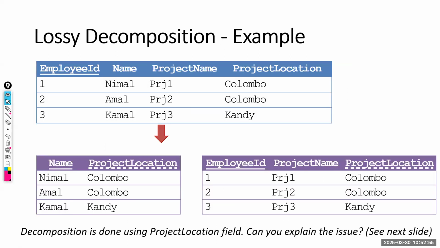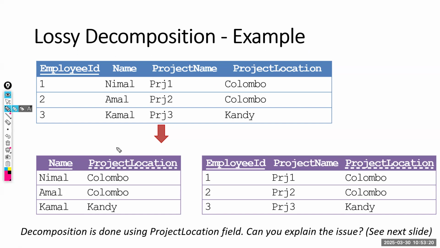So let's take an example. This is a table. For some reason, maybe during the normalization process, some designer may have broken it into these two tables. So original table, the new two tables. The original table has employee ID, name, project name, and project location.